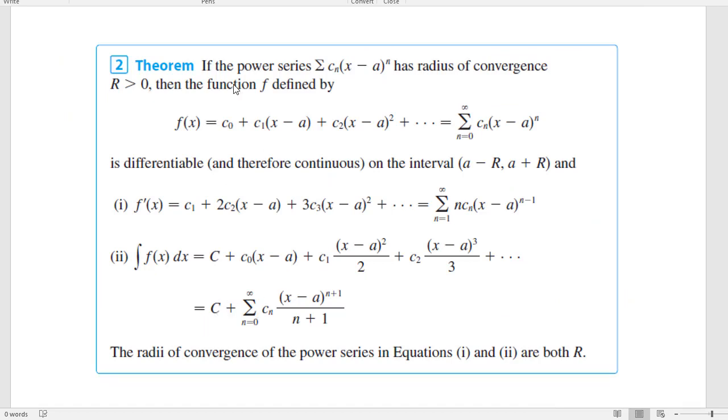Now the other thing this theorem says is really cool. So whatever this power series is that we started with, we either differentiate or we integrate. These new series, the derivative series or the integral series, is going to have the same radius of convergence. So for example, my sine series had a radius of convergence of infinity.